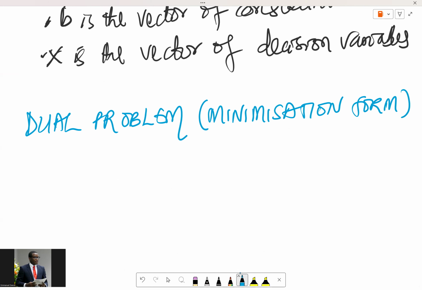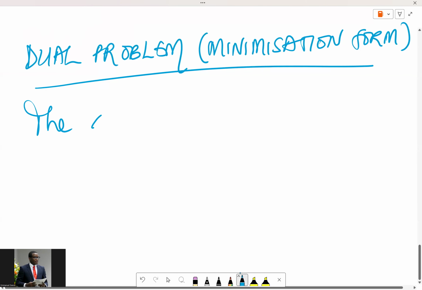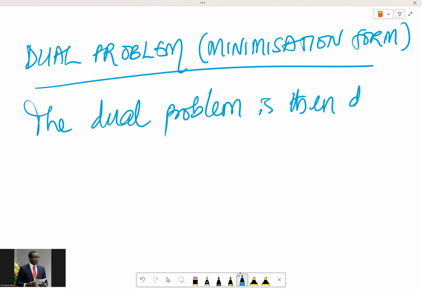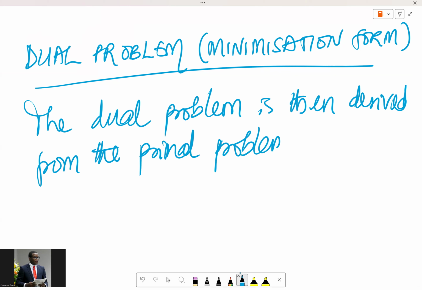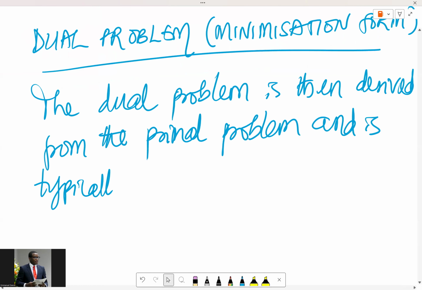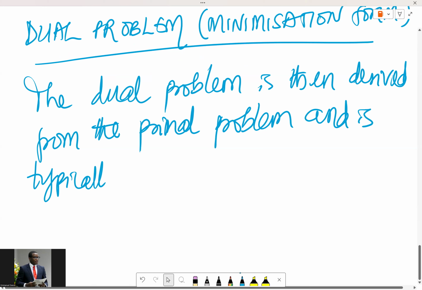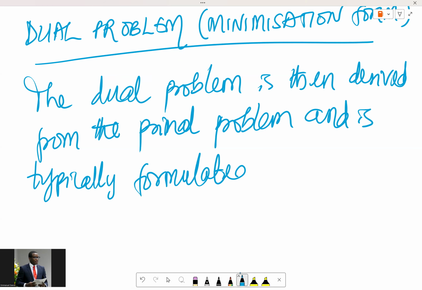So the dual problem is derived from the primal problem and is typically formulated as a minimization problem.